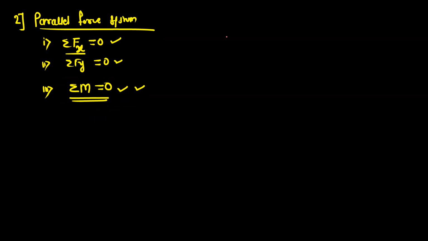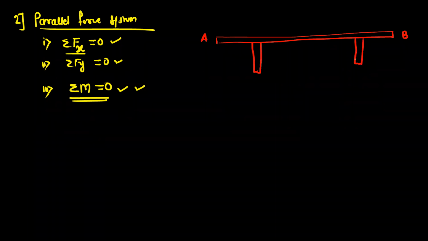Okay, so let's try to solve the previous example, and then we will understand how to use these conditions. So this is the table and these are the supports. The supports are C and D. And we have two weights.